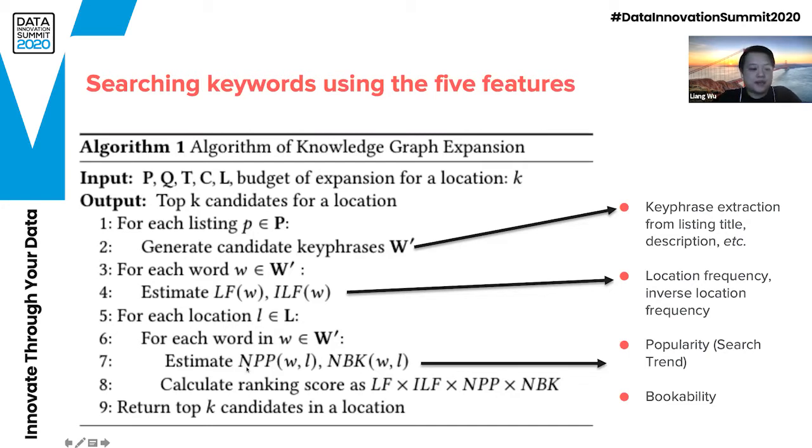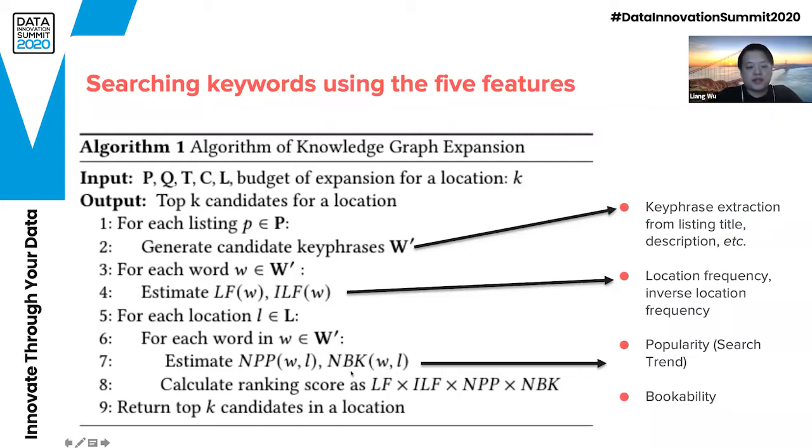In step 7, we define another 2 metrics. The first one defines the popularity. This popularity is defined based on Google search trends, so we want to highlight keywords that are frequently searched together with the location. And the last one is the bookability.